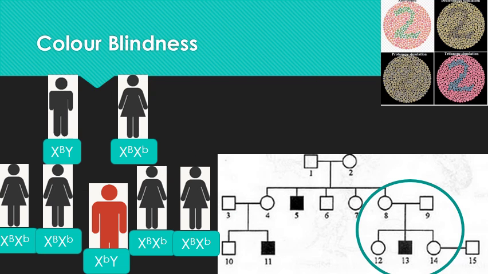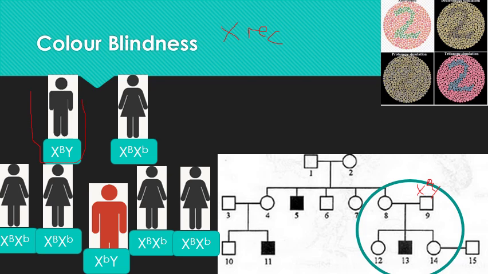So we're looking at colour blindness now. This is also an X-linked recessive. So X-linked recessive. And we can assume by looking at this pedigree that the male here is X, big B, Y, which is over here, just here.